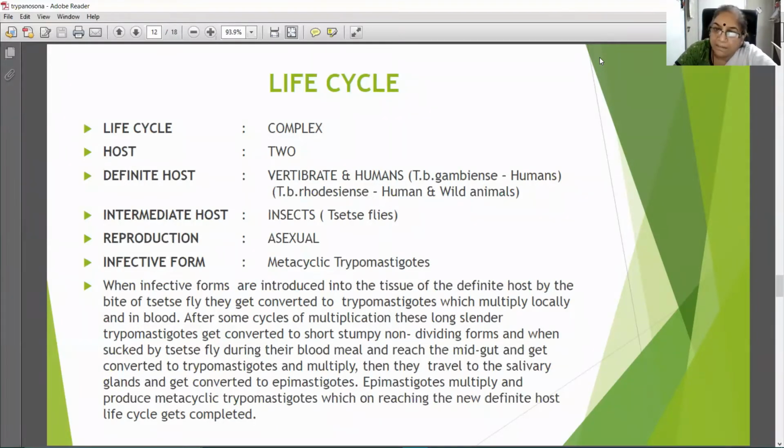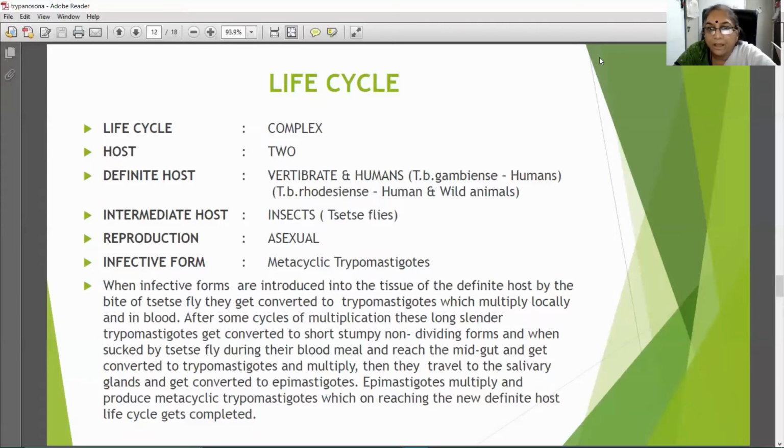These epimastigotes multiply and produce metacyclic trypomastigotes. Now these metacyclic trypomastigotes are the infective forms to human beings.